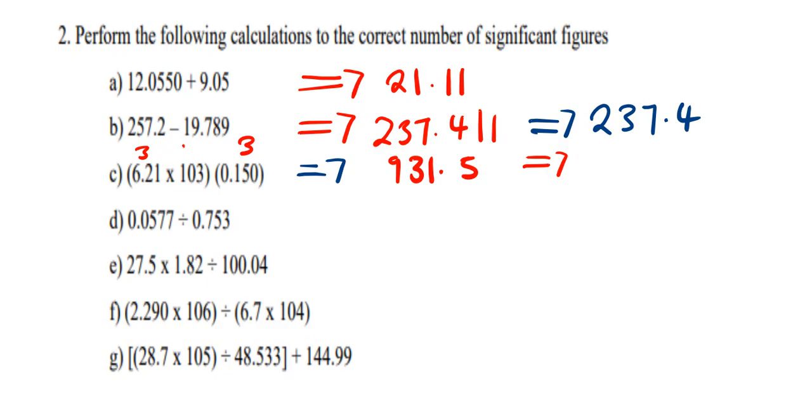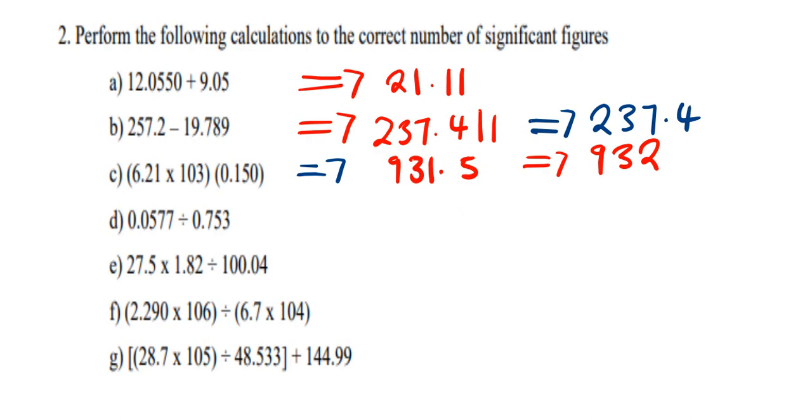It also has 3. Therefore, my answer should also have 3 significant figures. So I'm going to round off to the nearest number, which gives 932. Why 2? Because there's a 5 in front of the digit that we're converting.